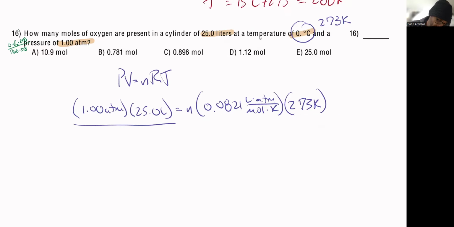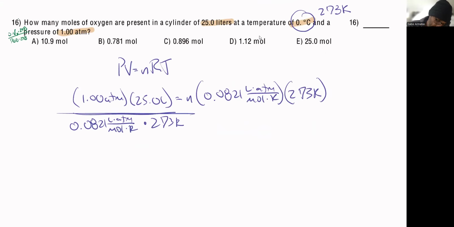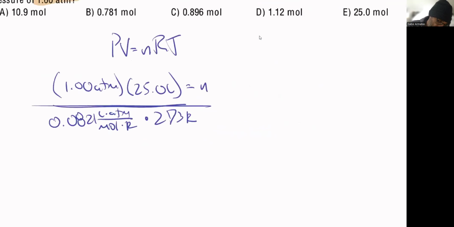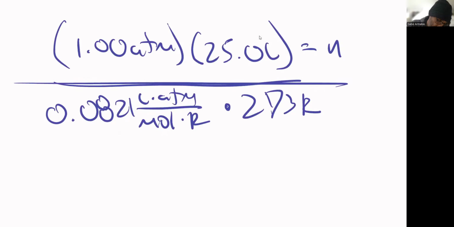So I'm going to divide this side and this side by 0.0821 liter atmospheres per mole K times 273 Kelvin. Divide both sides by that. So I'm just going to copy and paste it because it's going to make it faster. Done. And off we go. So that would cancel all of this, leaving behind this. Okay, let's do units first.